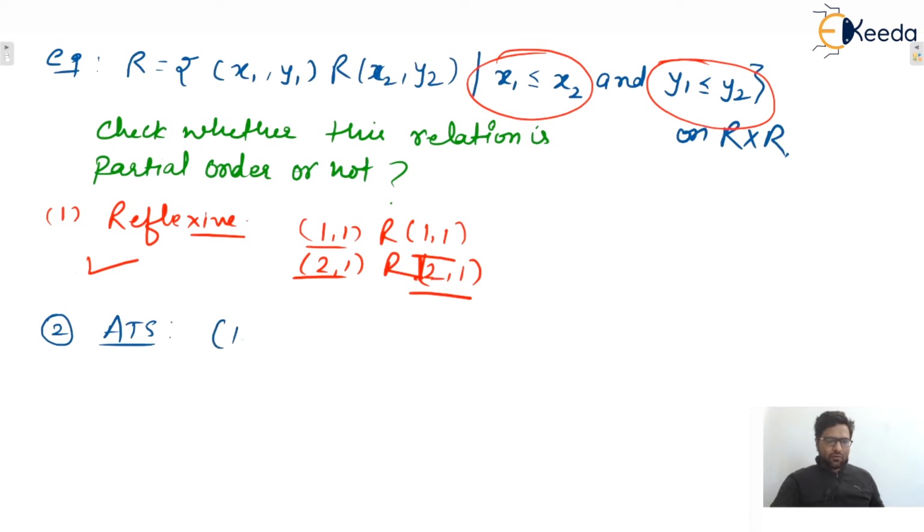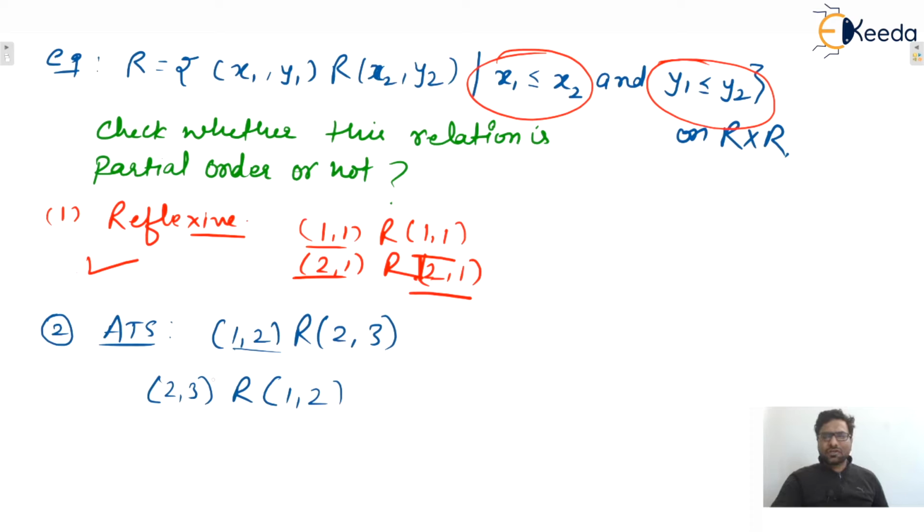Let's say (1,2) is related with (2,3), then guaranteed (2,3) will not be related with (1,2). Why? Because both conditions are not satisfied.